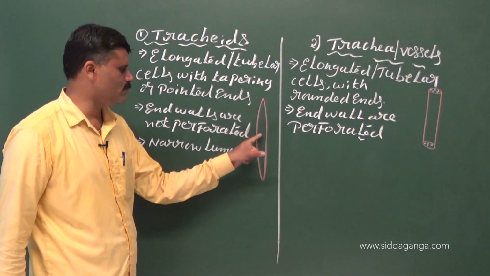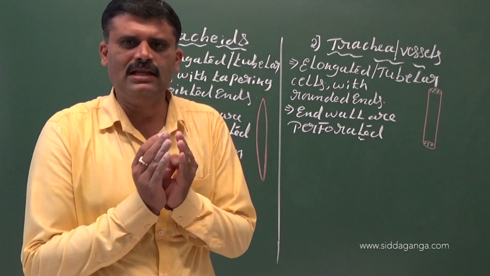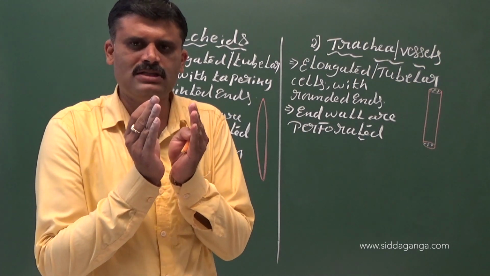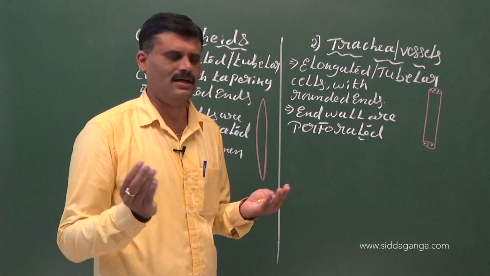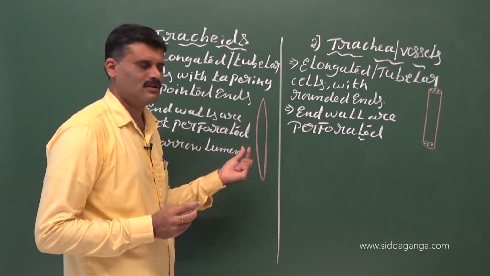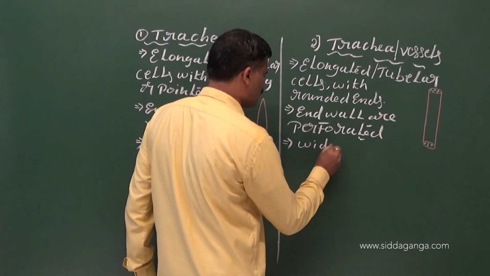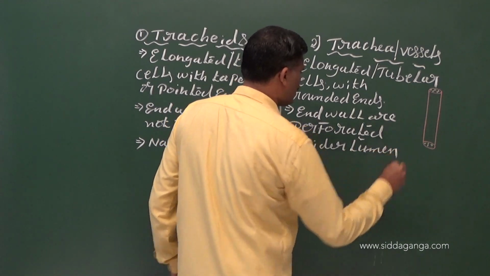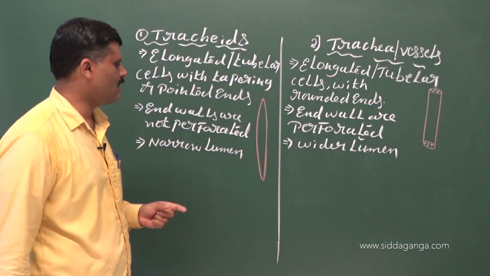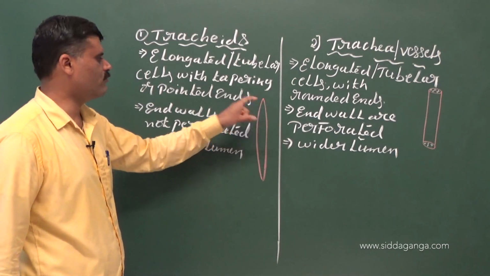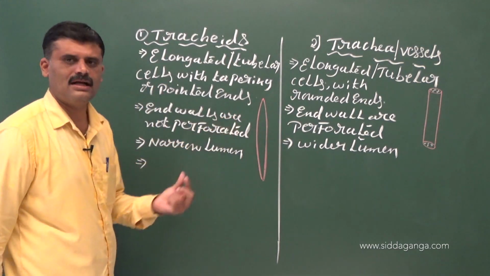The cavity inside the cell is called lumen. In tracheids the lumen is narrow, very small. Like a narrow bridge on the road with a sign to go slowly, versus a wide bridge. In trachea the lumen is wider. So due to the narrow lumen and no perforation at the tips, the end walls are not perforated in tracheids and it contains a narrow lumen.